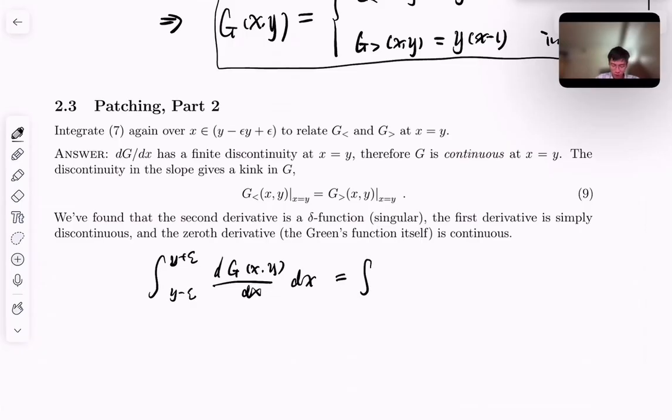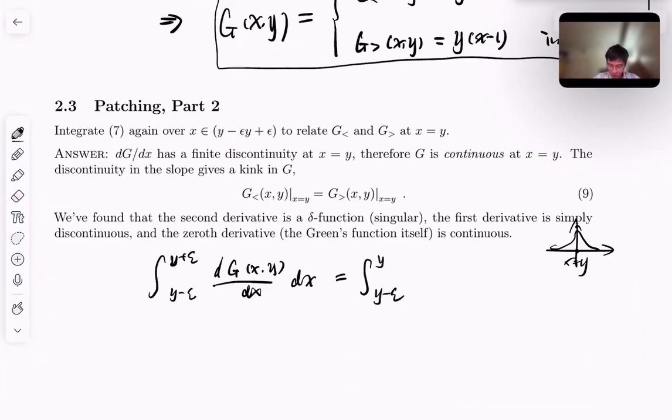We need to do this in 2 sections, and the first section is because there is a spike at x equals y, the spike in the derivative function.